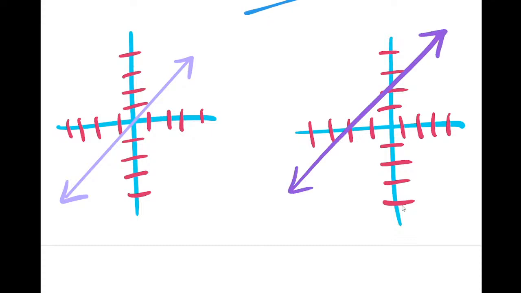All right. One of these graphs is a direct variation, and one of these is not. What we're going to talk about is how to tell the difference and what it means. Two variables that have a direct variation with each other depend on each other completely.